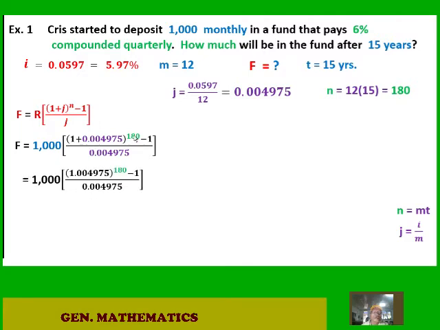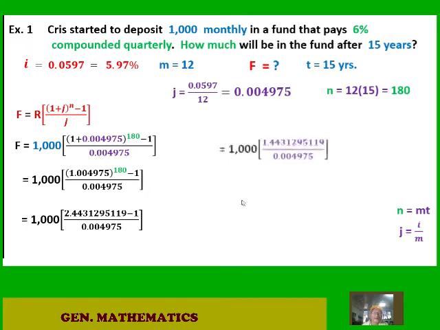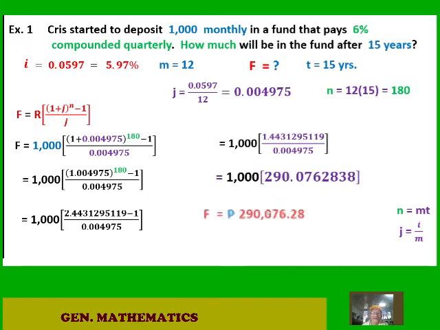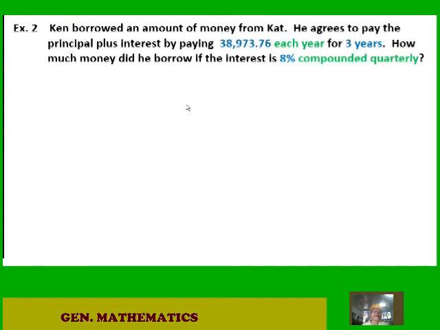Okay, add, then raise to 180. Then subtract 1. Then divide by the denominator. Then multiply. So the monthly deposit of 1,000 every month after 15 years accumulates to the future value of 290,076.28 pesos.